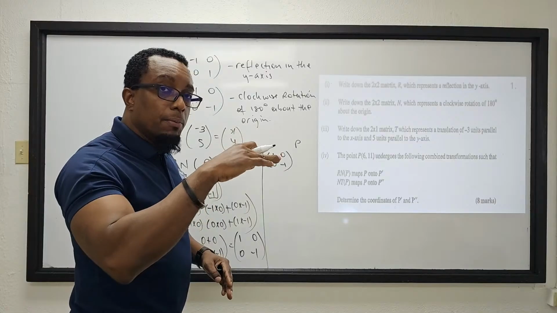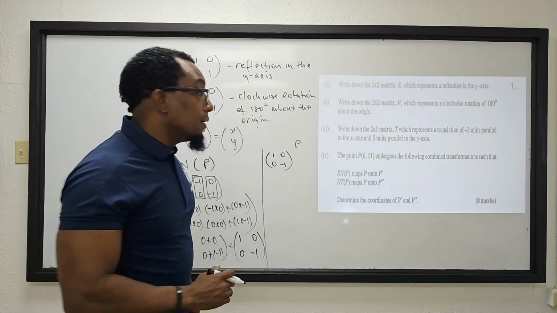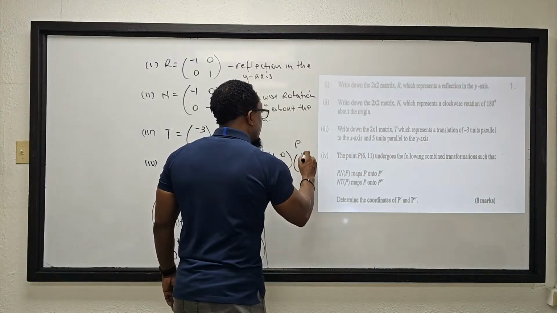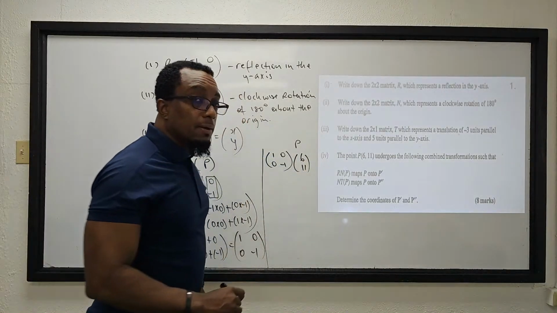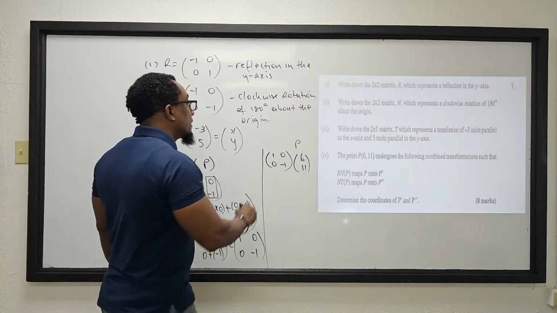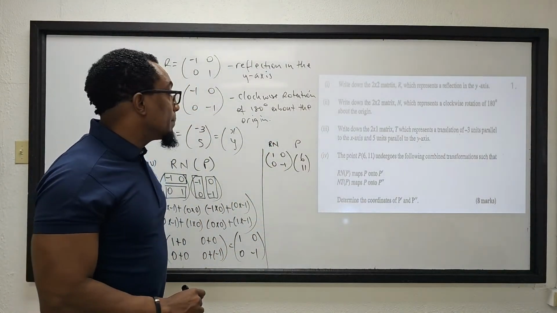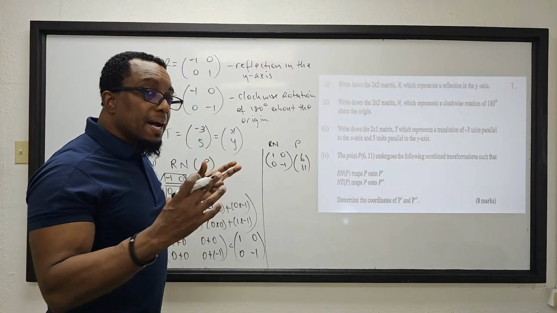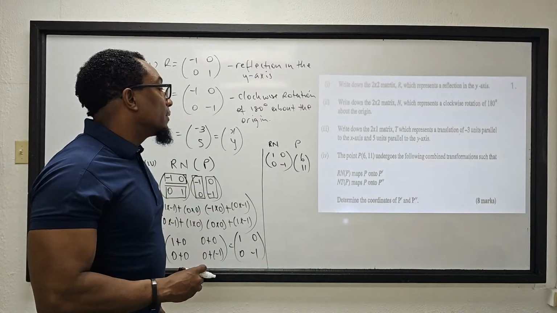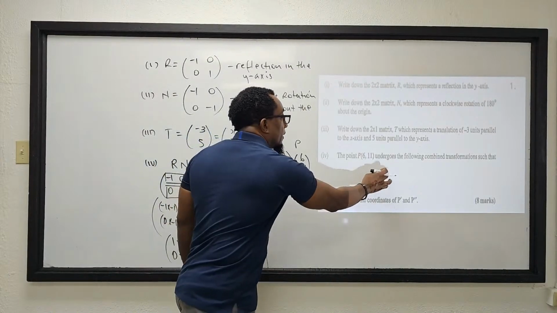So you have your row format, which is 6, 11, running horizontally. You want to write it as a column format, which will be 6, 11. That's a column format. So let's multiply your 2 by 2 matrix representing Rn, the combined 2 by 2 matrix, by P to help us determine what is P prime.